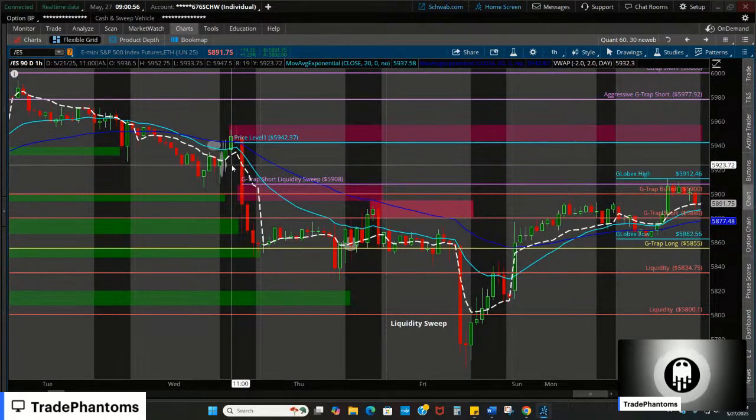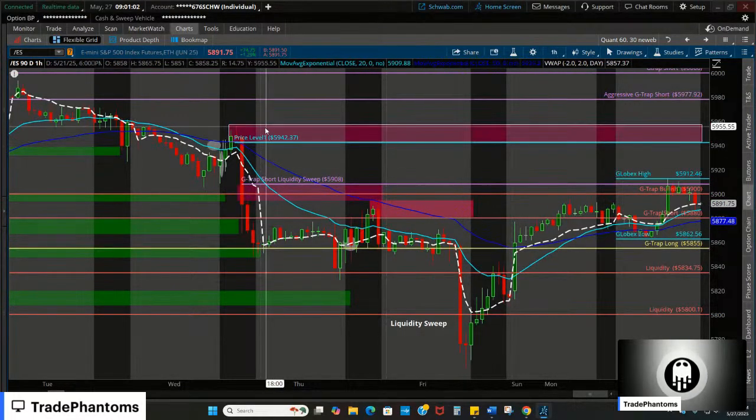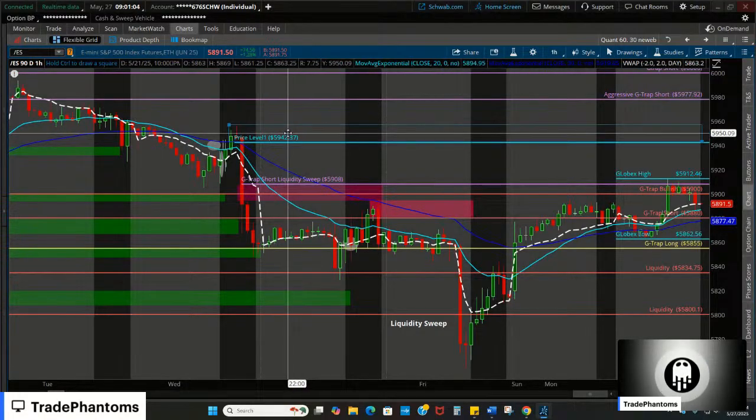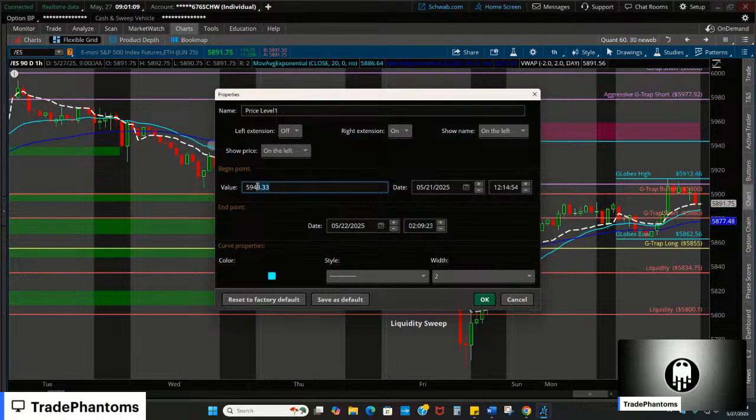And this level was from last Wednesday, May 21st. Had a nice drop out of there. So this could potentially be used for a G trap short today. I'll just round up to 59.45 G trap short.